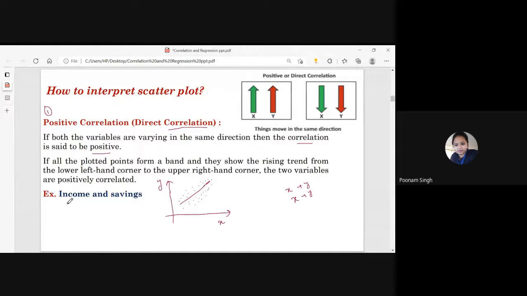So I have given one example also, income and saving. As the income will increase, saving will also increase. Income is directly correlated with the saving. If we consider income as x variable and saving as the y variable, then as the income increases, saving also increases. So this is your positive correlation.